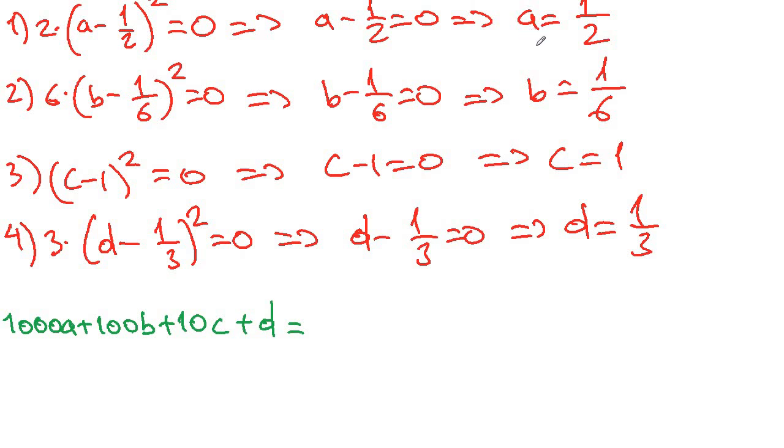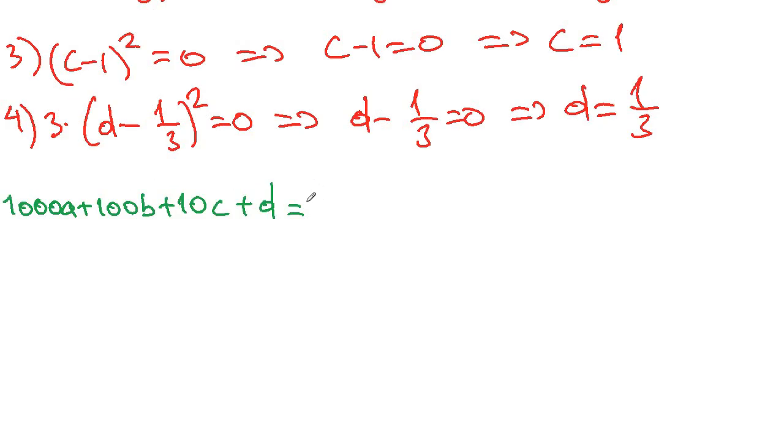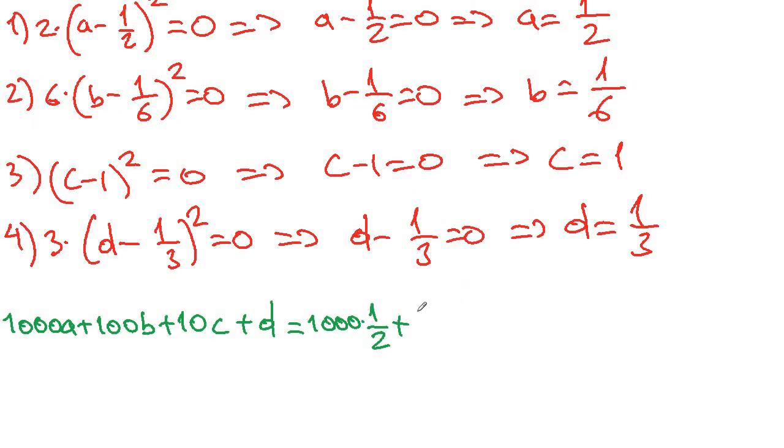First we see that a is equal to 1 over 2, so I will plug into a 1 over 2, then 1000 times 1 over 2 plus, b is equal to 1 over 6, then simply 100 times 1 over 6, plus 10 times 1, plus 1 over 3.